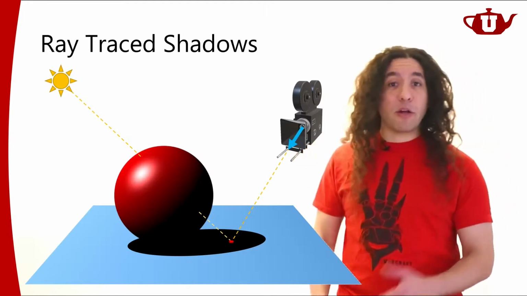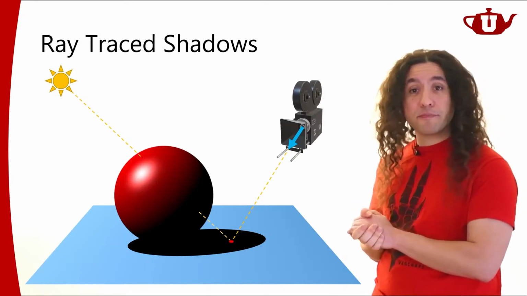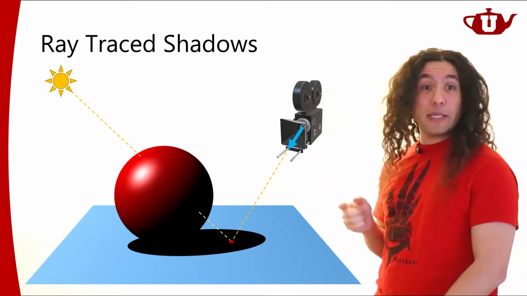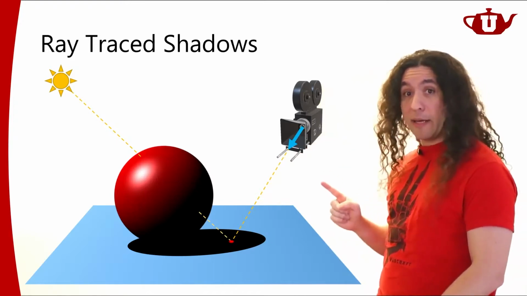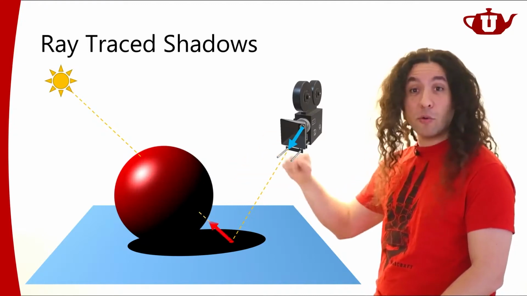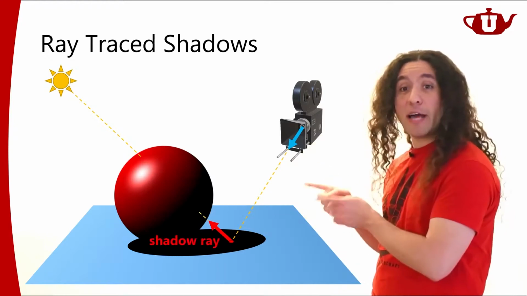That's why I want to shade this point. And from that point, I want to find out whether that point is in shadow, as compared to this light source. Okay? So what do I do? I just send another ray starting from that point towards the light source. We call this a shadow ray.